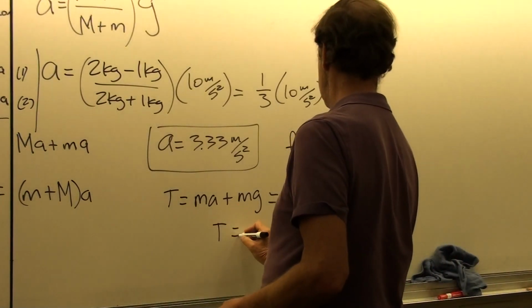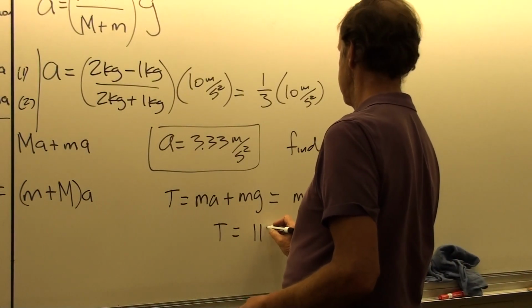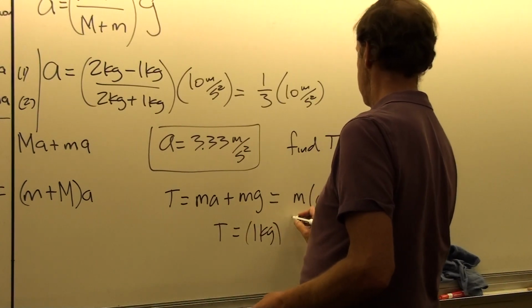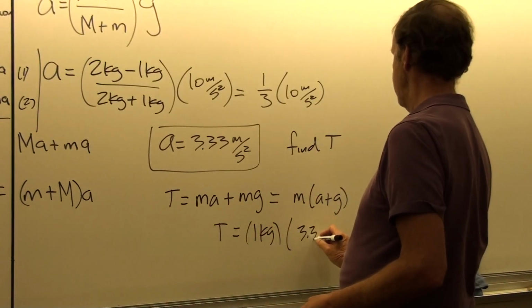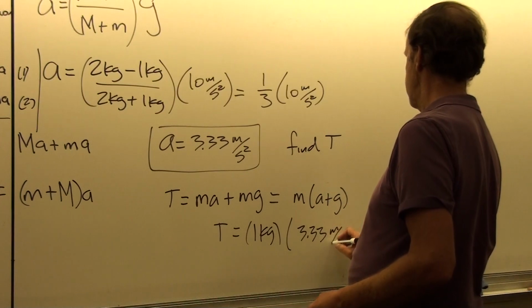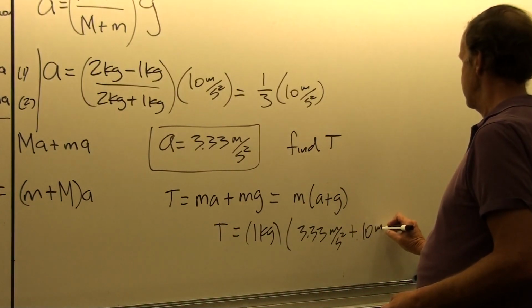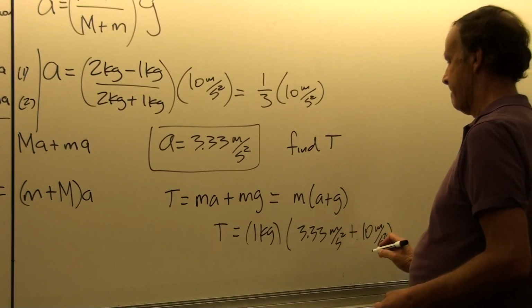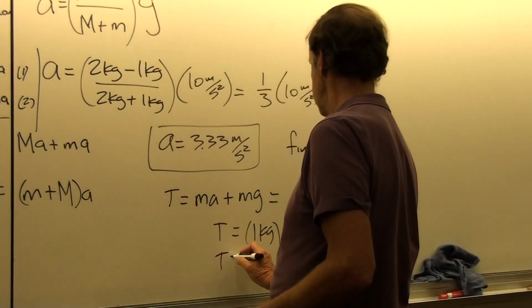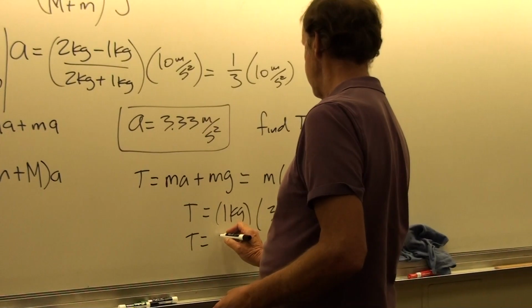So the tension would be equal to little m, which is 1 kilogram, times A, which is 3.33 meters per second squared, plus 10 meters per second squared. So that would be equal to 13.3 newtons.